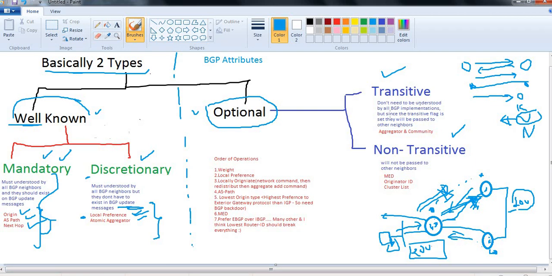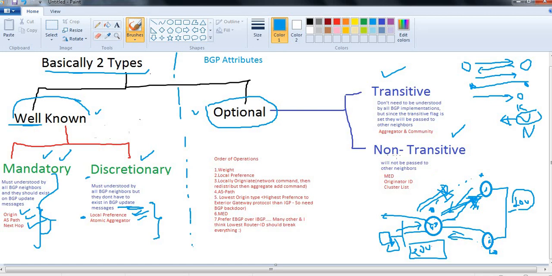It doesn't have to be understood by all BGP implementations, which means that it is not required to understand this BGP attribute. But since the transitive flag is set, they will be passed to other neighbors: aggregate and community.